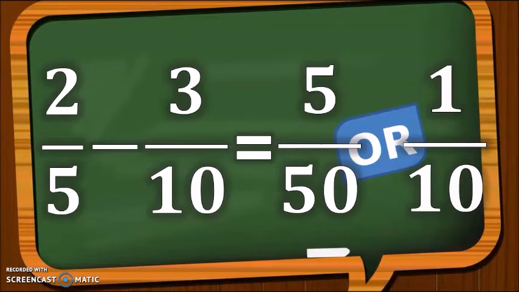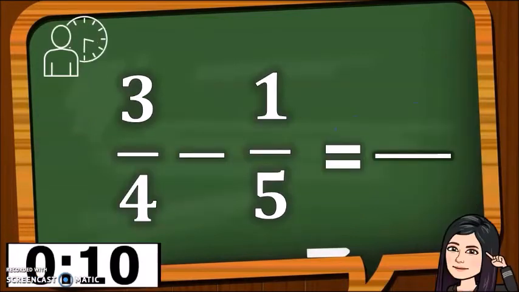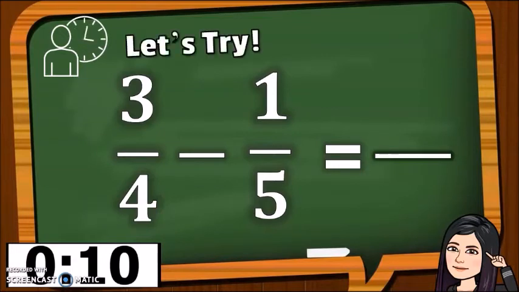You're doing great. So this time I want you to try these examples. Number 1. I will be giving you 10 seconds to finalize your answer. 3/4 minus 1/5. 10 seconds starts now. Time's up.